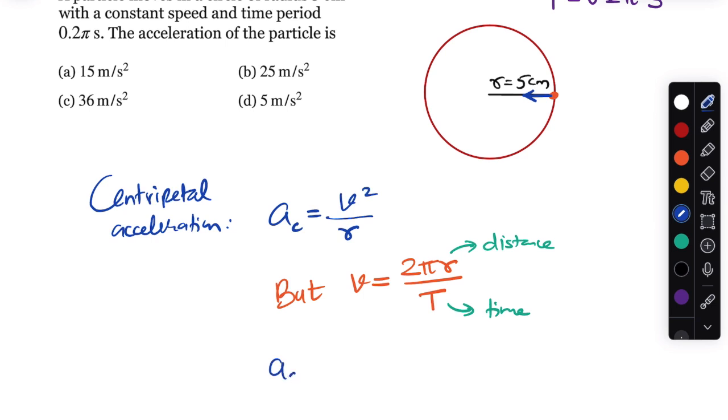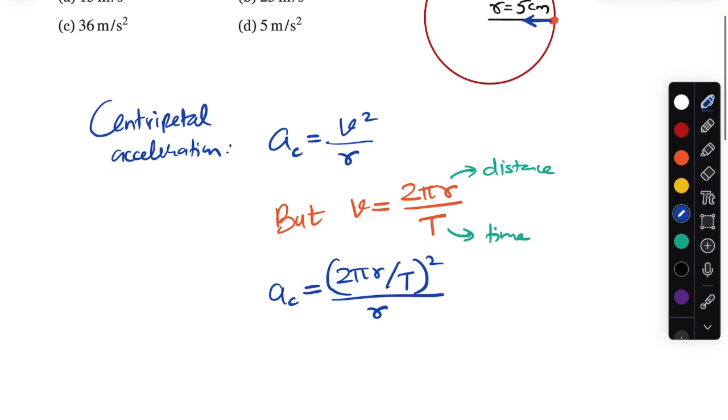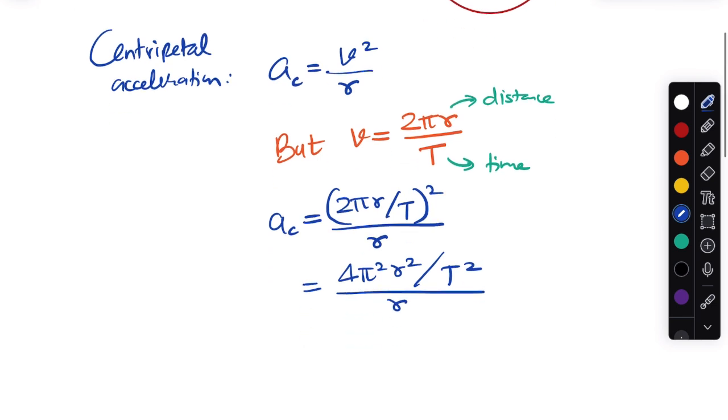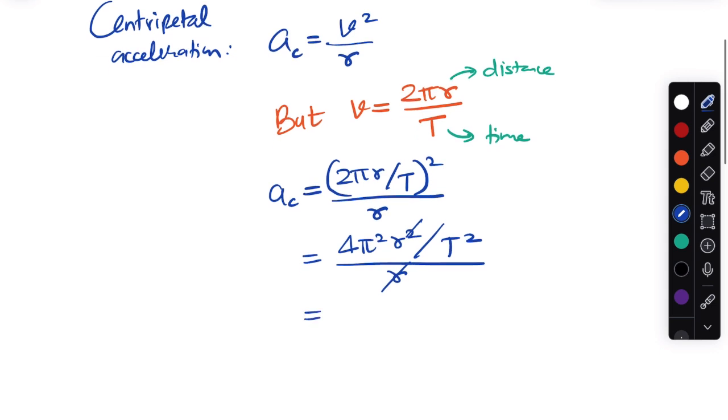So let's substitute this expression into the previous expression for the acceleration, and what do we get? We get 2 pi r over t, the whole squared, divided by r. Let's simplify this by squaring. We get 4 pi squared r squared over t squared divided by r. One of the r's is going to get cancelled, and what we end up with is 4 pi squared r over t squared.